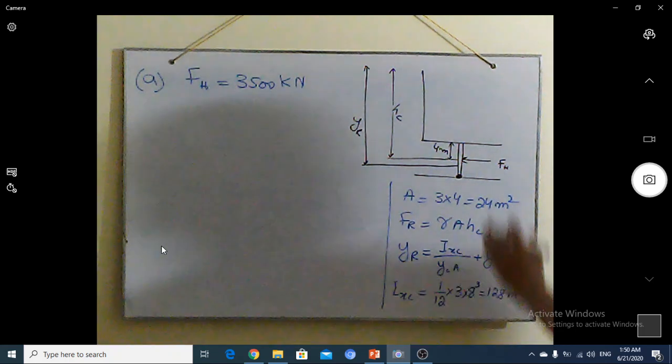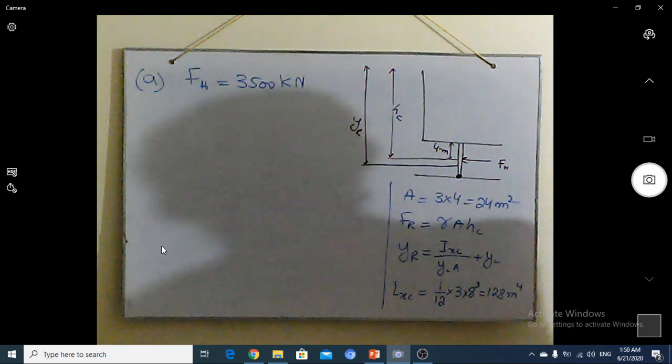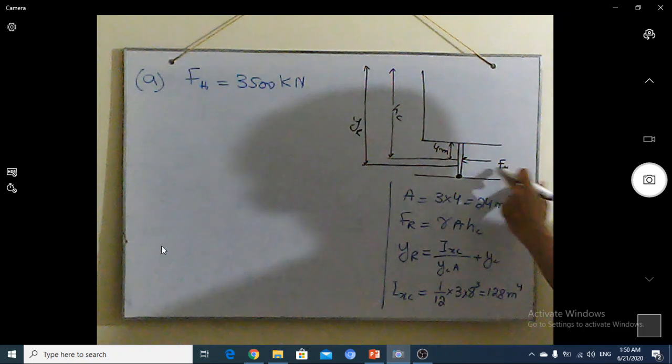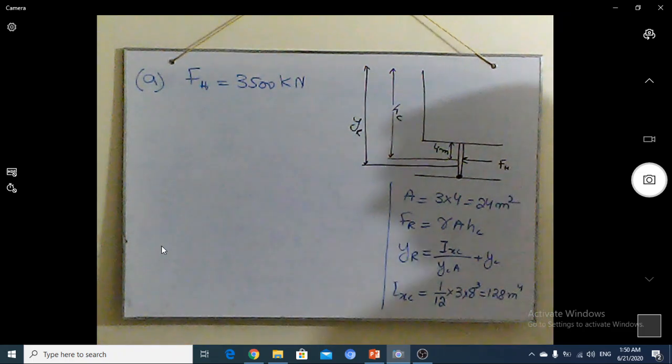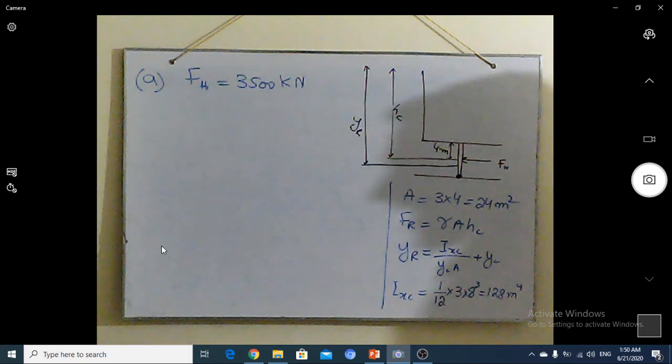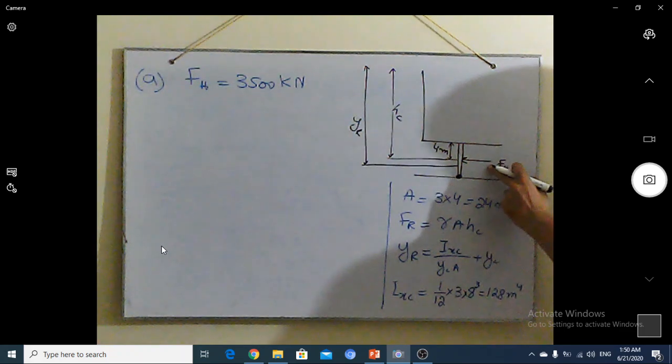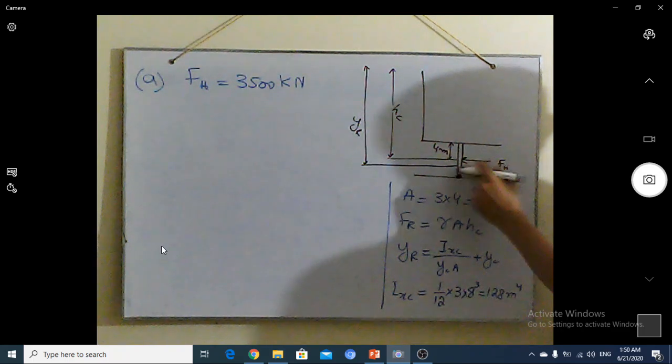Let's suppose I have sketched the figure here. This is the horizontal force applied to hold up this gate, and its direction is opposite to the gate opening.